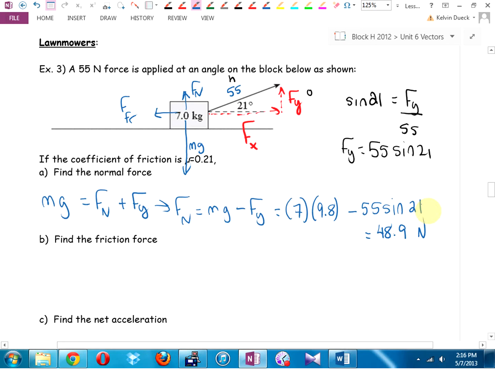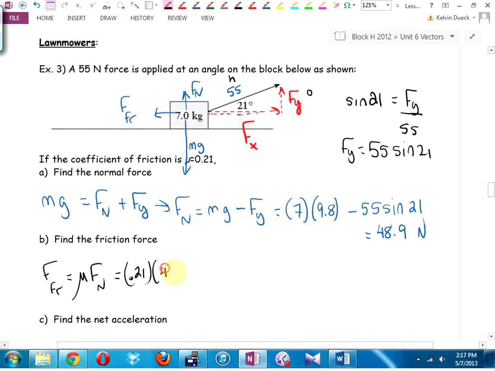What's B asking me to find? Friction is what times what? Mu times the normal force? I don't know the normal force. Oh, but look. I just calculated the normal force indirectly in part A. Friction is going to be mu Fn, which is going to be 0.21 times, if you still have that number on your calculator, use it.